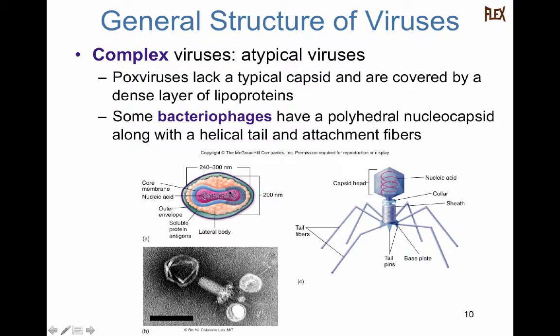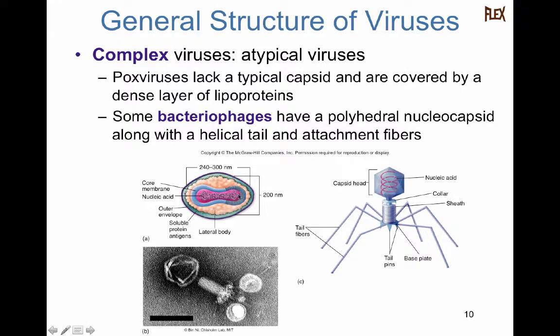Again, here the pox has this dense layer of lipoproteins, and on the right-hand side you see that the bacteriophage has these distinct portions: you have the capsid head, you have a collar, you have the sheath portion, and you have these tail fibers. This thing is very similar to a lunar landing module. It literally will hop right onto the bacterial cell. It will attach via these tail fibers, and it will actually inject its nucleic acid right into the target bacterial cell.